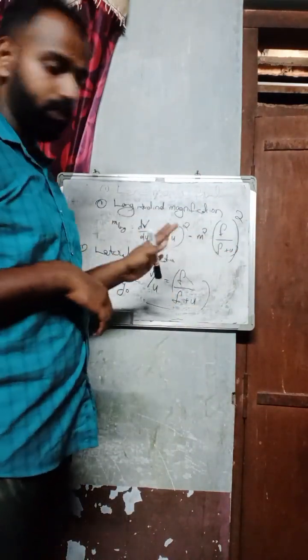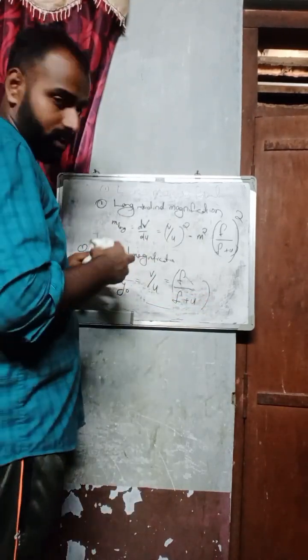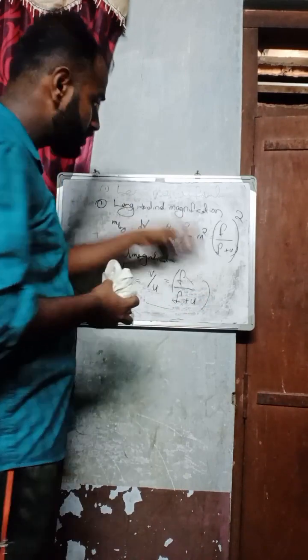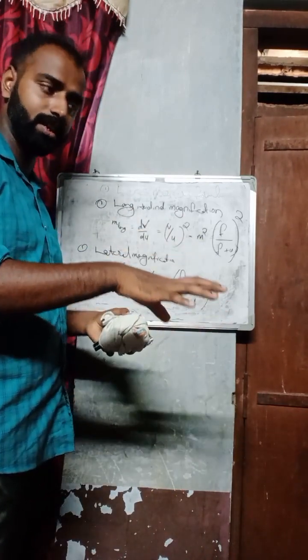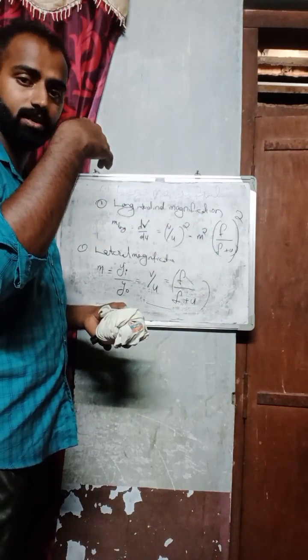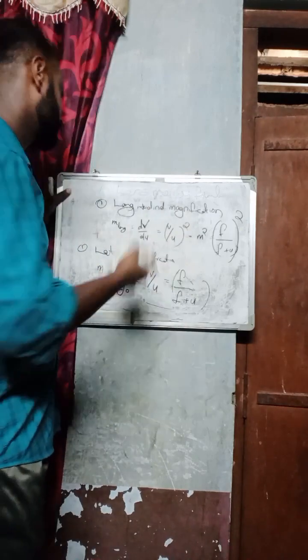This formula is sufficient for solving the problems or understanding the concept. All these equations, F, U, sign conventions are as per mirror: the direction of light is taken as positive or negative.